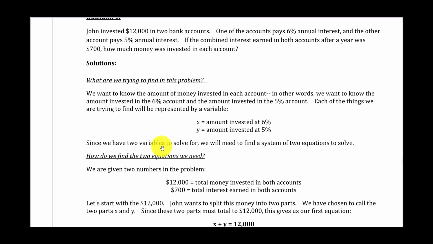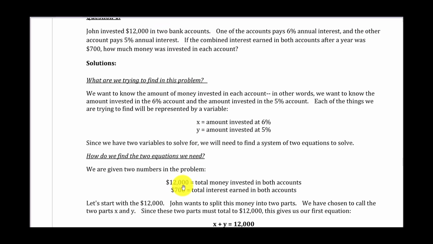Now, because we have two variables, we need to find a system of two equations to solve this problem. How do we find the two equations that we need to use to solve for x and y? You have to go back to the statement of the problem. We know that John has $12,000 total.